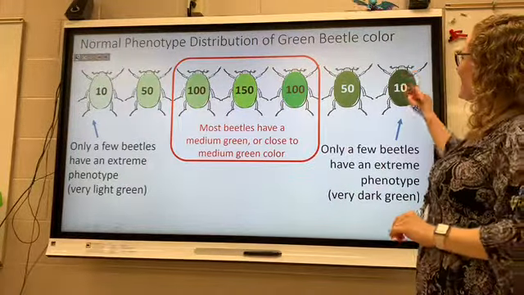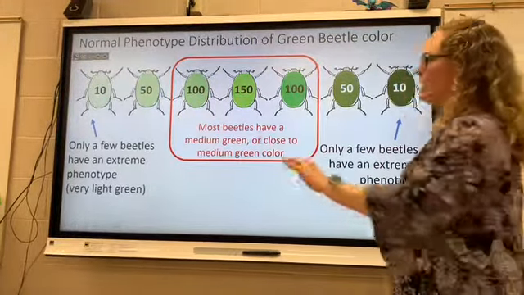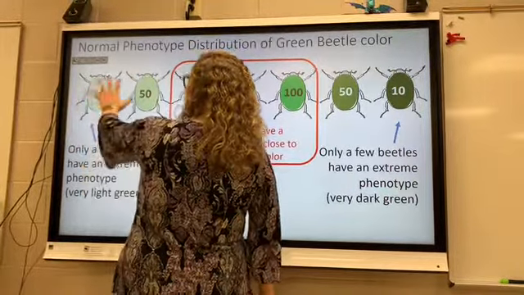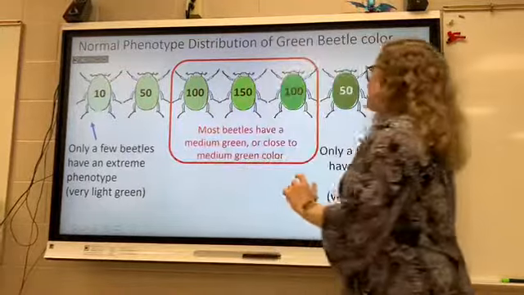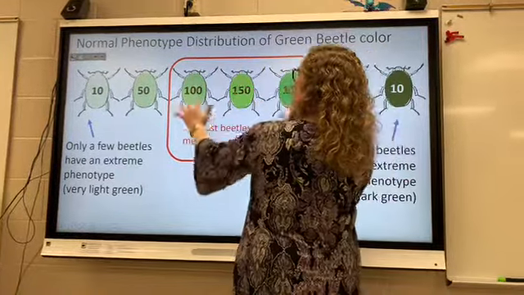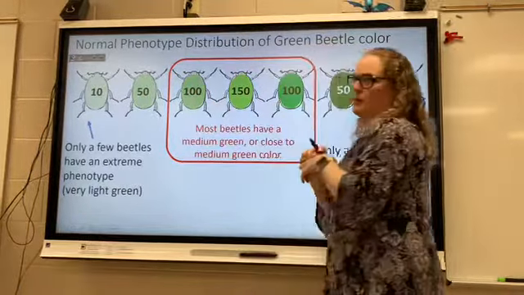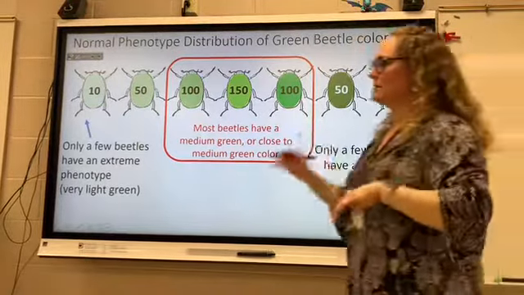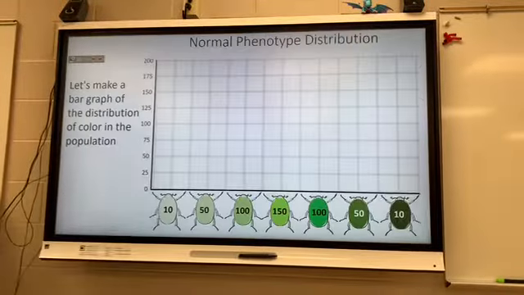In the population, I've got 10 that are super dark green, and 10 that are super light green. Only a few have the extreme phenotypes. The majority of the population, the 100, 150, 100, the majority of the population is right there in the middle of the spectrum, okay?